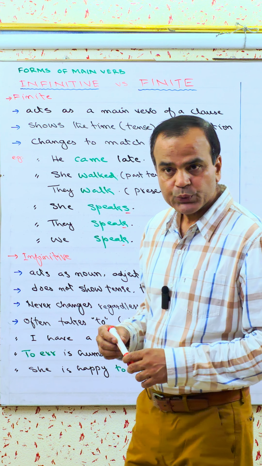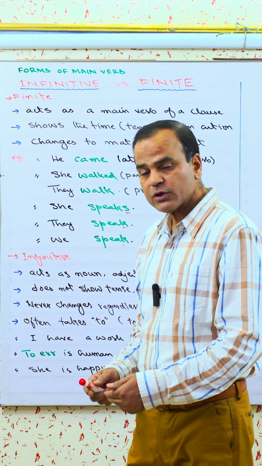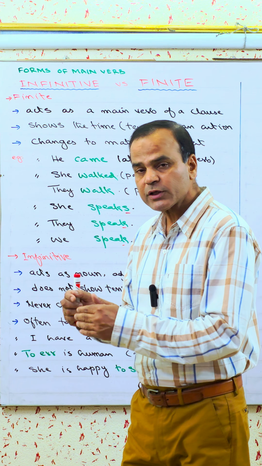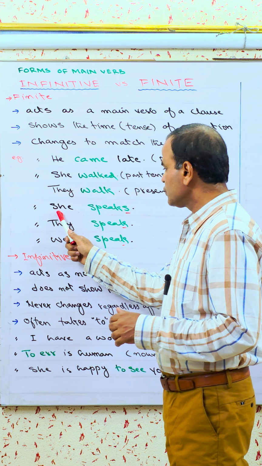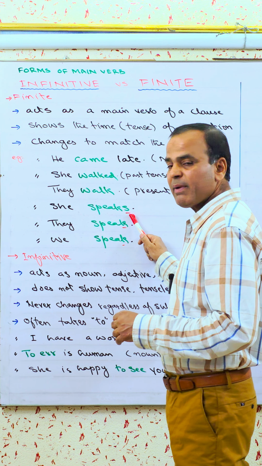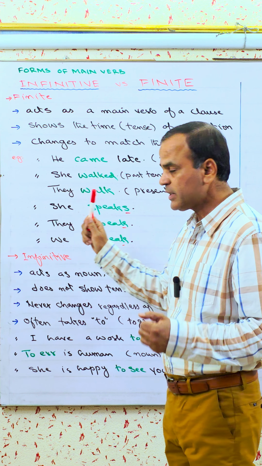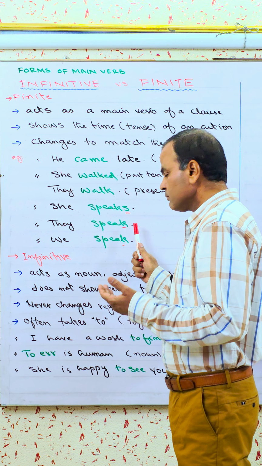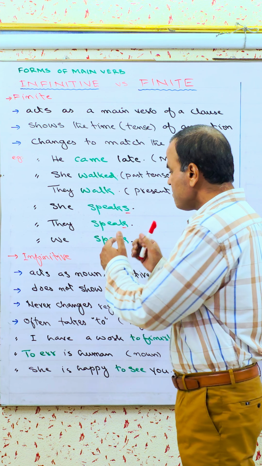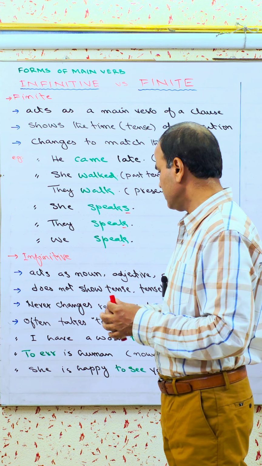Earlier I told you that it matches the subject. If the subject is singular, we will use the singular form of the finite verb. Like she speaks. I'm adding here s because the subject is the third person singular pronoun. They speak, not adding s. I'm matching it with the subject because the subject is plural.